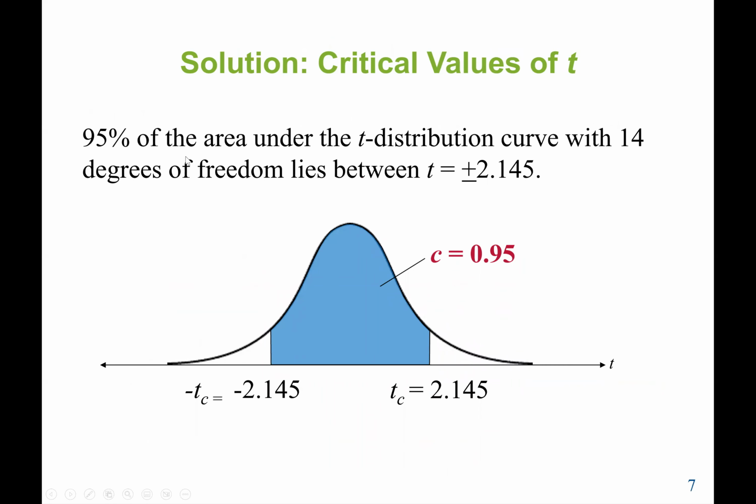Now, this means 95% of the area under the t-distribution curve with 14 degrees of freedom lies between negative 2.145 and positive 2.145, which we can see from the graph here.